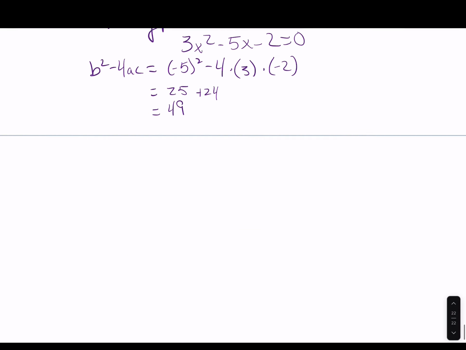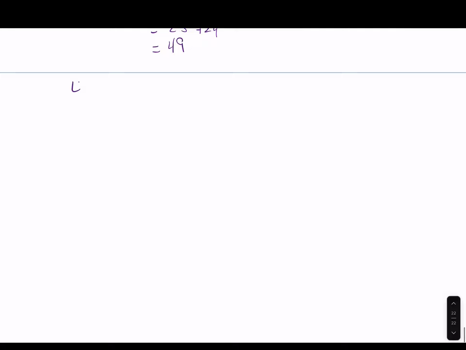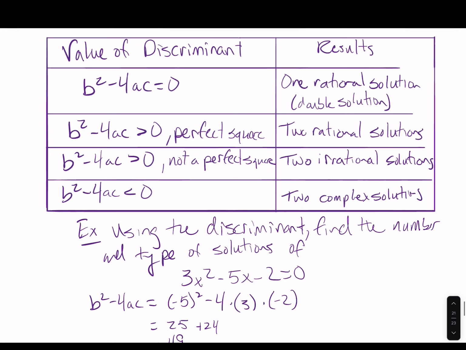We know that 49 is a perfect square. So 49 is greater than 0, correct? 49 is greater than 0, so we're in one of these two cases. And it is a perfect square, so this is the case we're in.